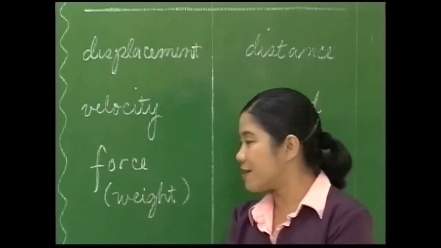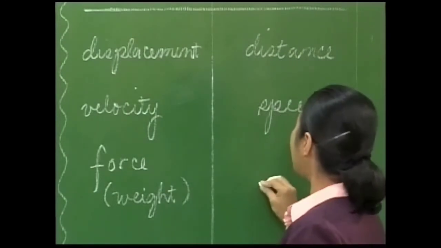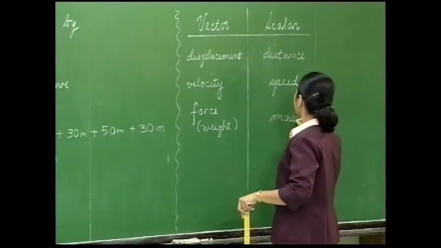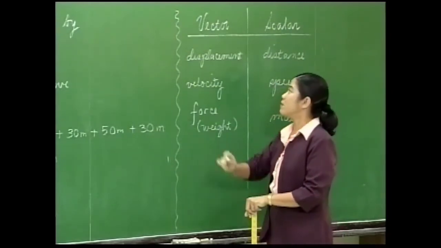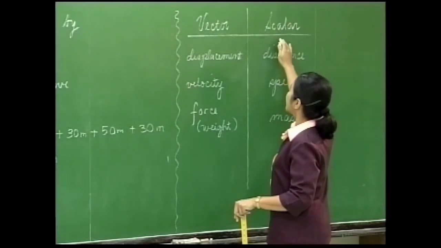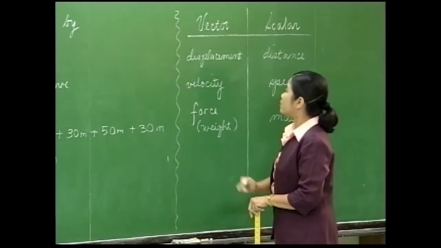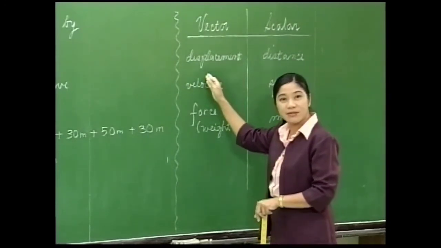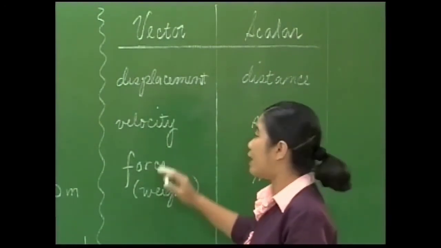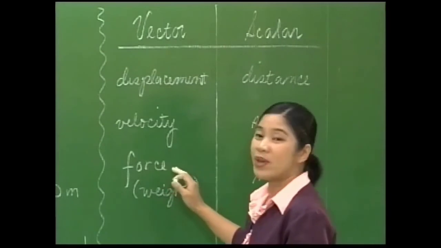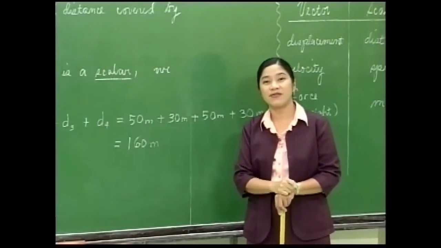What is the weight of an object? That is a force. On the other hand, mass or the amount of matter is a scalar. And we have to be very careful when you are working with either the scalar or the vector. Later on, you will also meet acceleration, which is the change in velocity, as well as other forces, other vectors, for which you will be using all these techniques in addition of vectors.